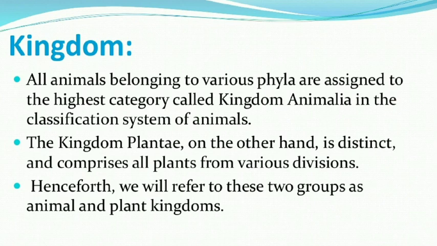All animals belonging to various phyla are assigned to the highest category called Kingdom Animalia in the classification system of animals. Kingdom Plantae, on the other hand, is distinct and comprises all plants from various divisions.